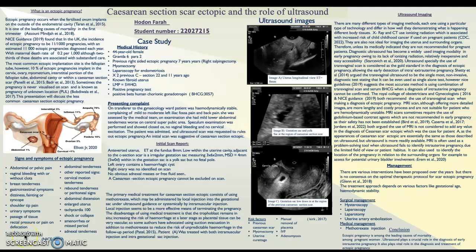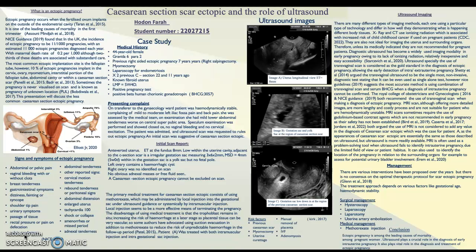There are various interventions that have been proposed in the literature over the years, but there is no consensus on the optimal therapeutic protocol for the treatment of caesarean section scar ectopic, and the treatment approach depends on various factors like the gestation age and hemodynamic stability of the patient.